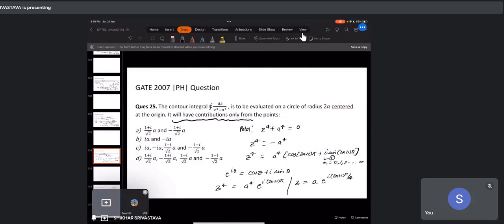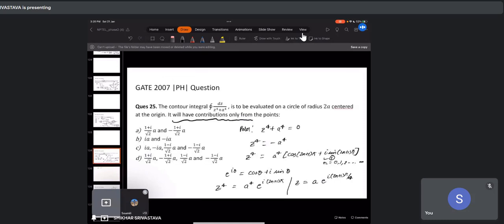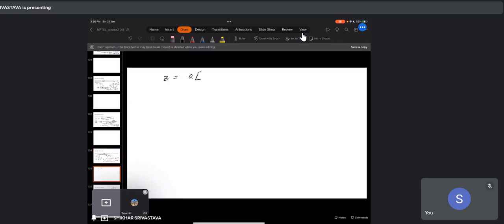Now you again write this in terms of cos and sine, because it is easier to put in the values. So you can write this as a times cos of (2n plus 1) pi by 4 plus i sine of (2n plus 1) pi by 4.